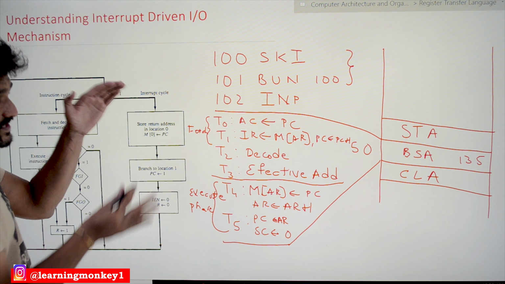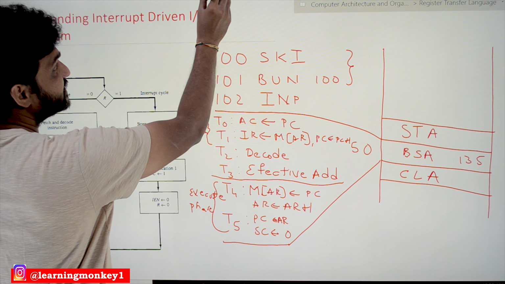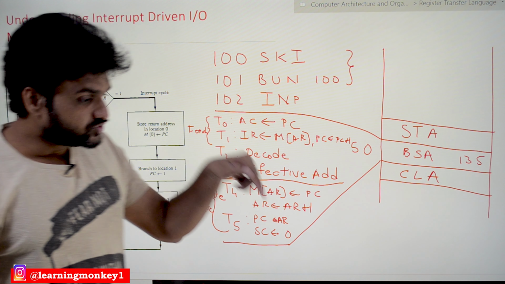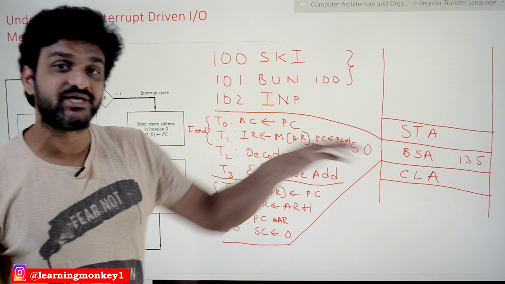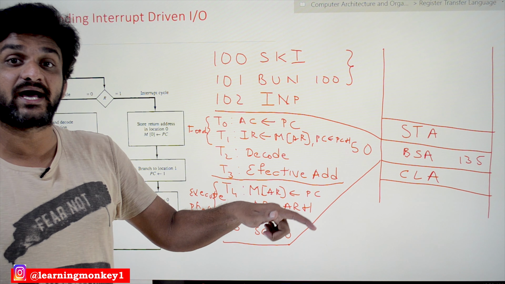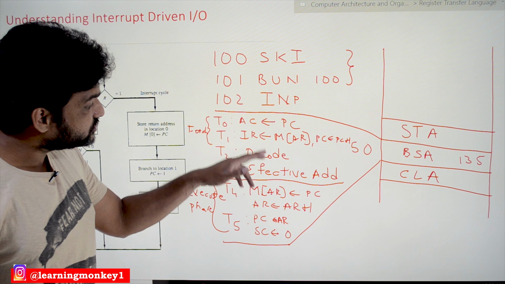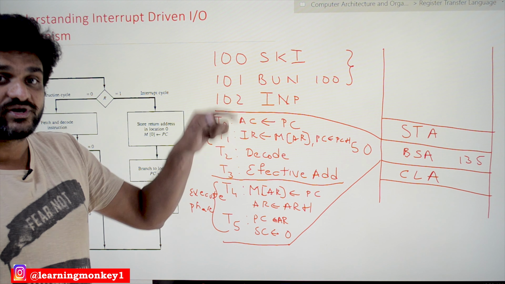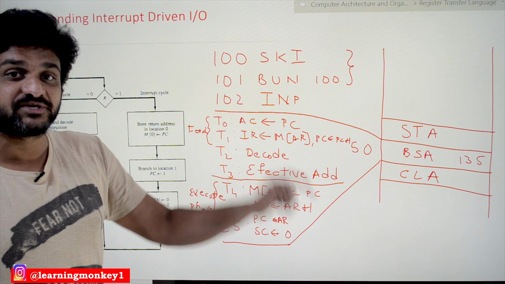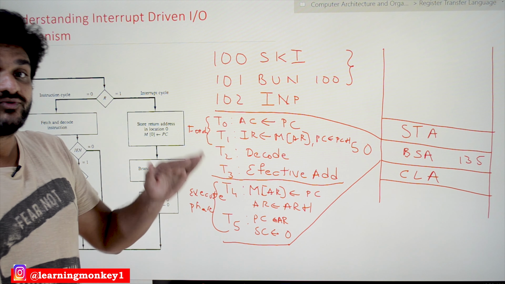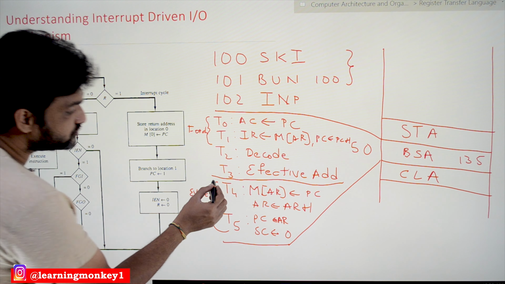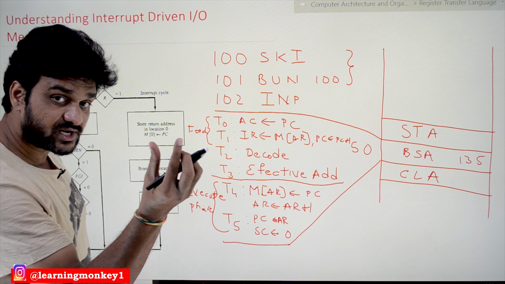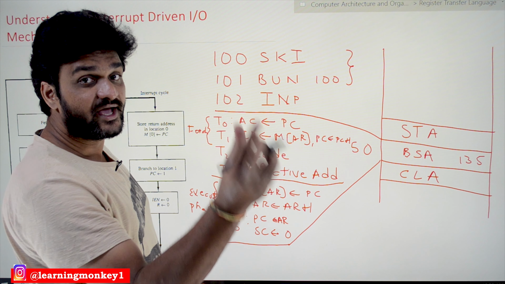While executing this program, assume for example that the user has pressed a key on the keyboard. It means it is an I/O operation. While executing this program, if there is an I/O operation performed by the user, then in the execute phase, the flip-flops related to the I/O operation, FGI and FGO, come into play.